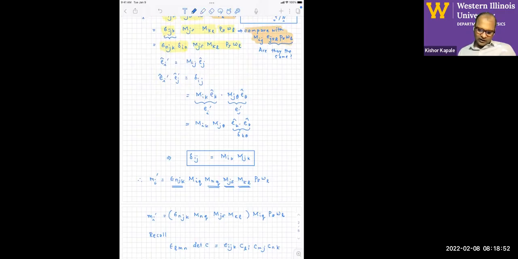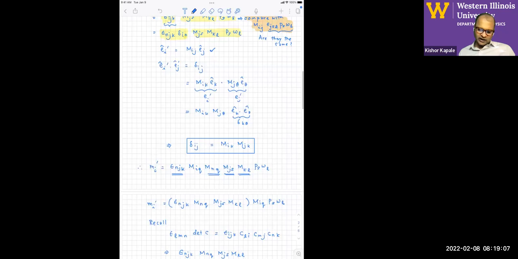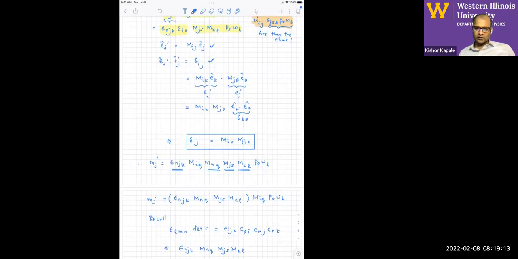Now let's recall the delta in. We're going to do some manipulation so that we can simplify this delta in term a little bit. So everybody okay with this, right? That's just the transformation properties. ei prime would be Mij ej. The new set of unit vectors, ei prime and ej prime, are orthogonal, so it's going to be delta ij.